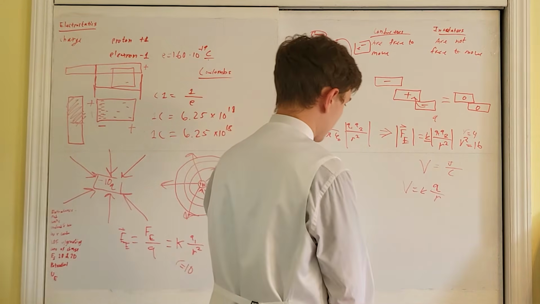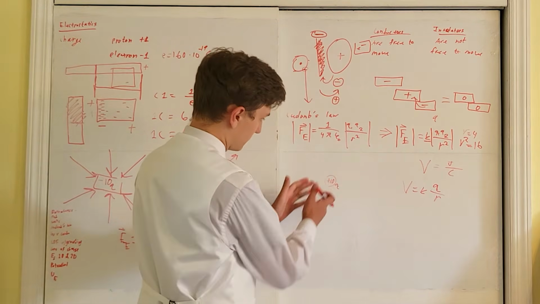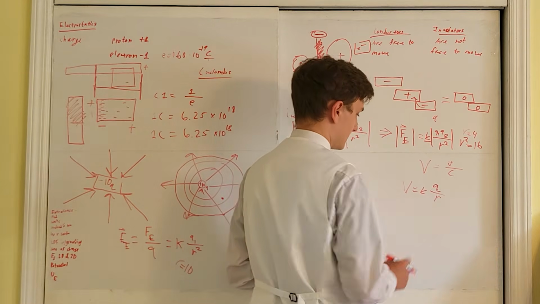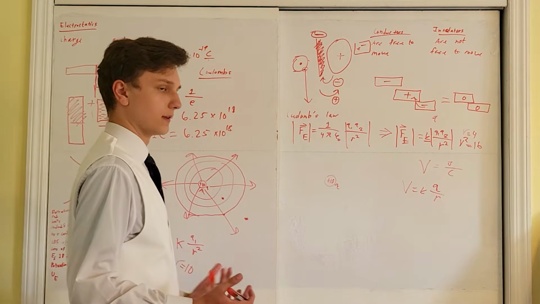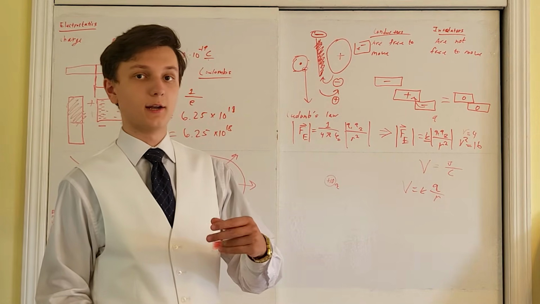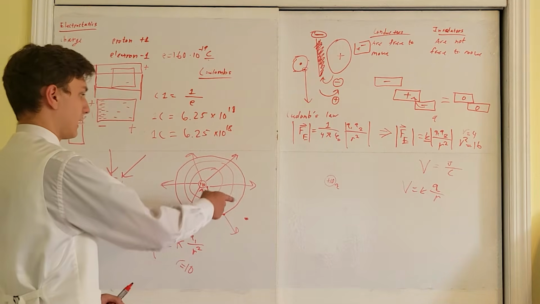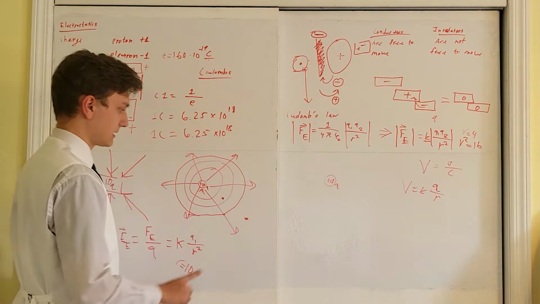Your electric potential is again given by your constant times your charge Q, which will be your central charge that you are dealing with, divided by the distance from that central charge. Okay? Again, potential is evaluated at a particular point. And like electric field, electric potential has isolines, lines at which the electric potential is always constant.